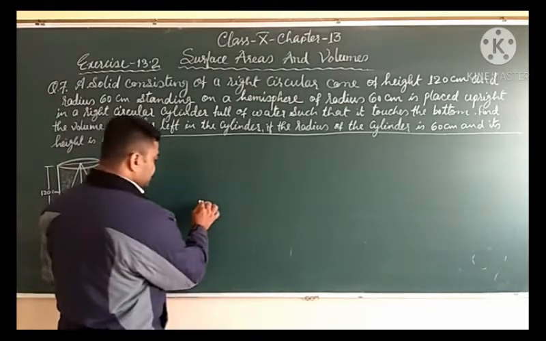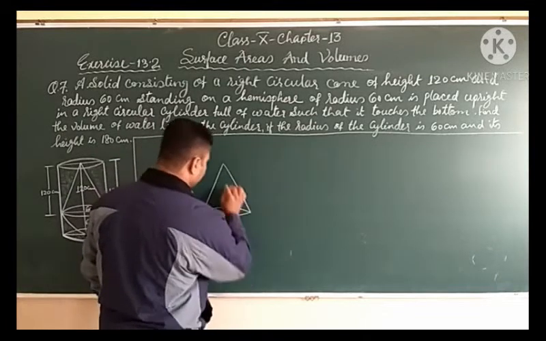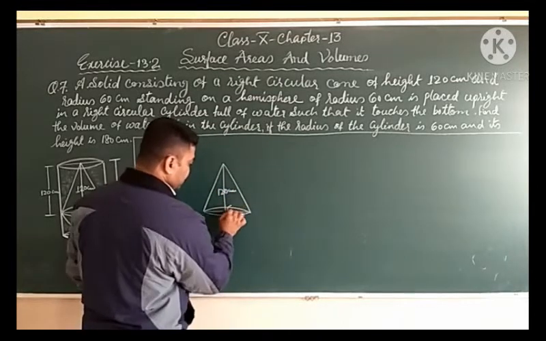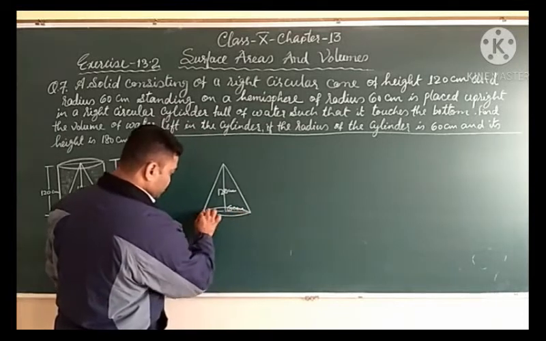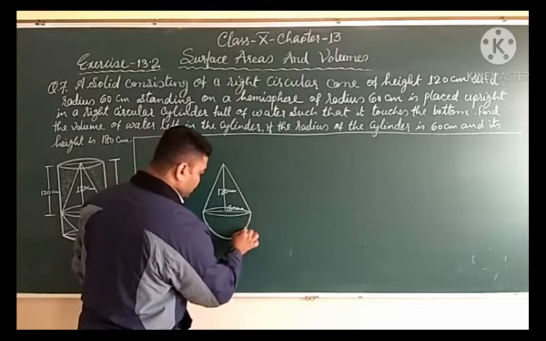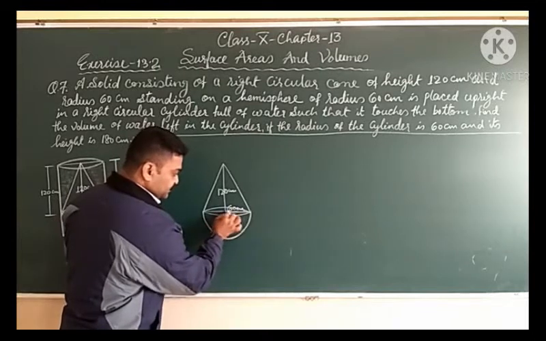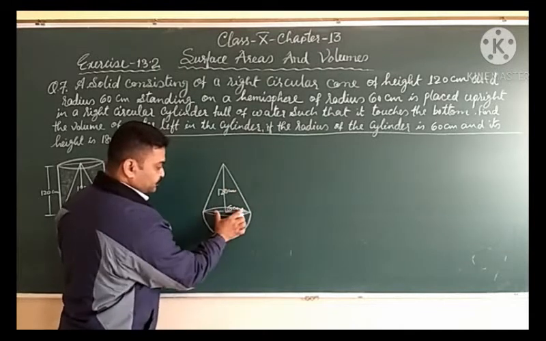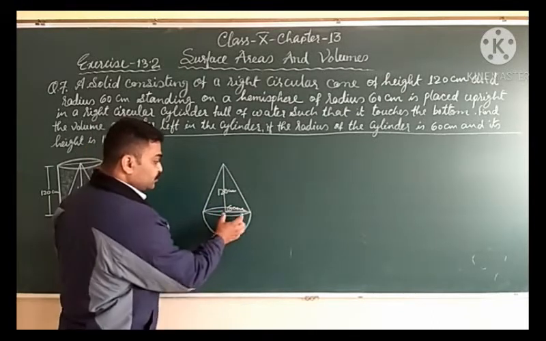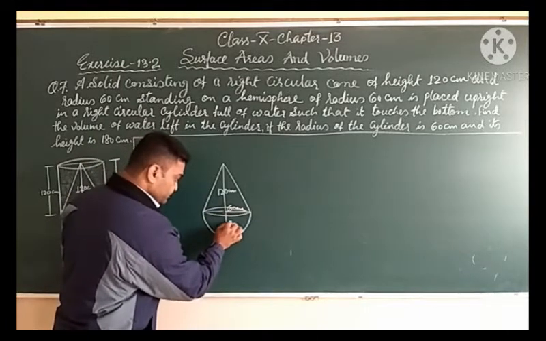That means one solid is a right circular cone, of height 120 centimeter and base radius 60 centimeter, which is placed on a hemispherical bottom. That means the radius of this cone will be equal to the radius of the hemisphere, and similarly this length is also 60 centimeter.